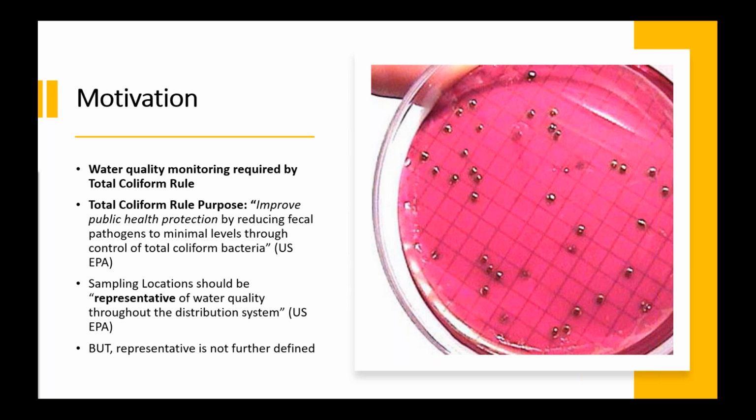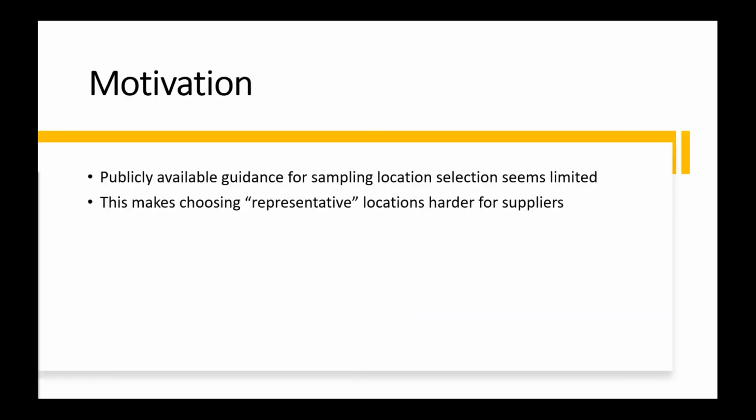The rule says that sampling locations should be representative of water quality throughout a distribution system, but representative isn't further defined. Publicly available guidance for sampling location selection seems limited, so this makes choosing representative locations difficult for some suppliers.